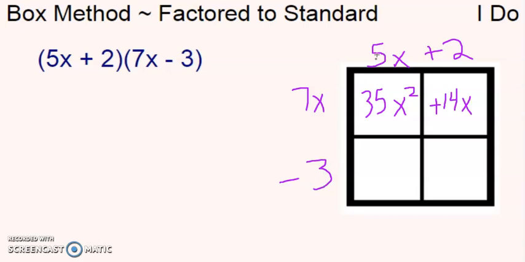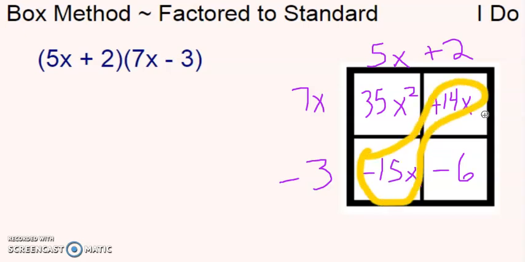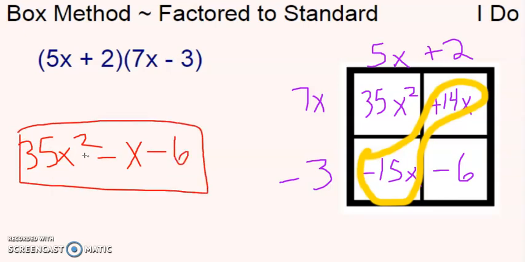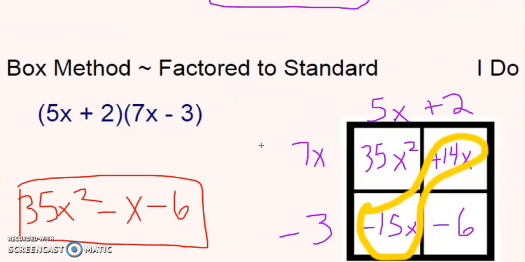Negative 3 times 5x is minus 15x. And negative 3 times 2 is minus 6. Let's combine the like terms. 14x minus 15x is going to be negative 1x. So our standard form is 35x squared minus 1x minus 6. And if you look above here, that's the same answer we got before.